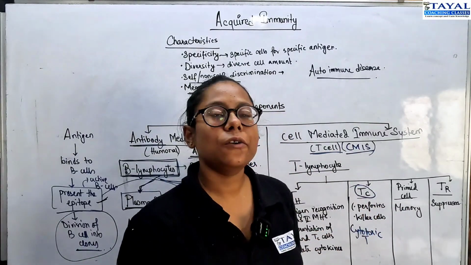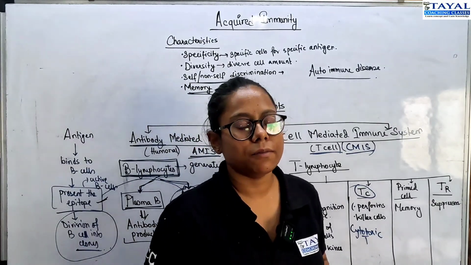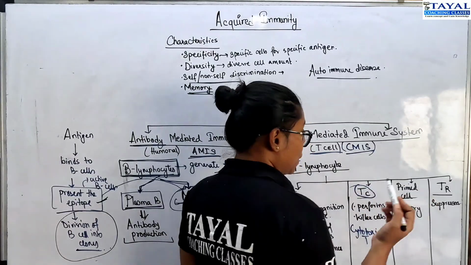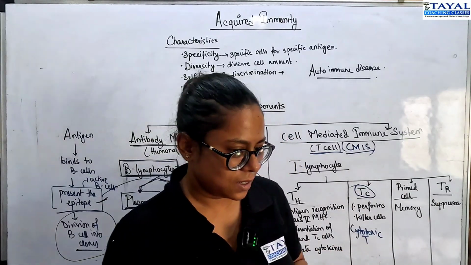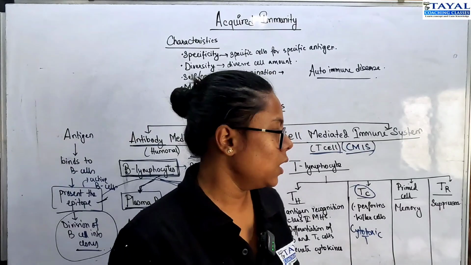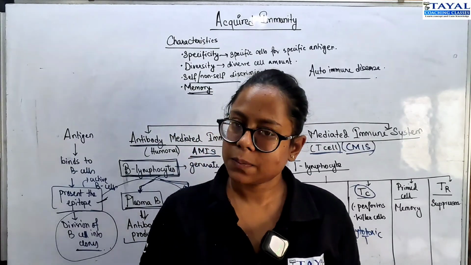But the problem with cytotoxic T is that it has a tendency to be hyperactive, right? So let's say, for example, it really happened a lot during our COVID pandemic. COVID-19 was going and binding to the alveolar surfaces, correct?